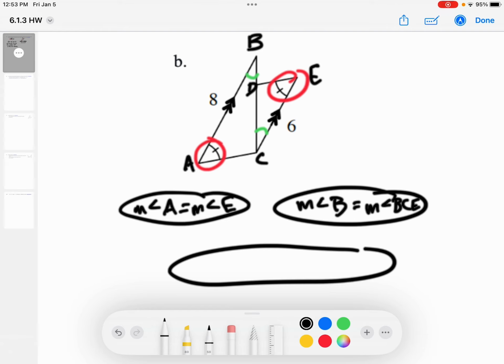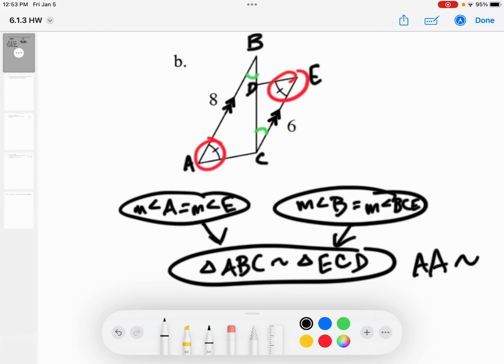And from that, we can conclude that triangle ABC is similar to triangle. Okay, so A corresponds to vertex E, B corresponds to C, and C corresponds to D. Oh, that's a little bit tricky. And we know that by angle-angle similarity.